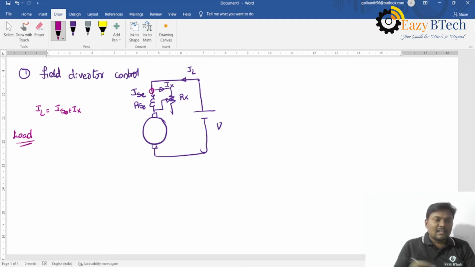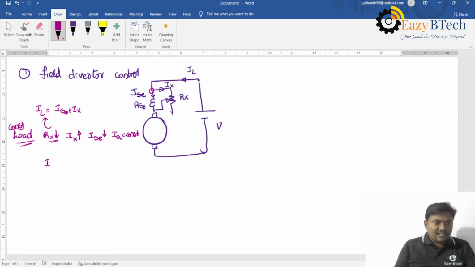For a particular value of load, I am calculating at a particular load. When RX decreases, the current flowing through IX increases, and the current flowing through the series field winding decreases, in order to maintain the load torque constant.